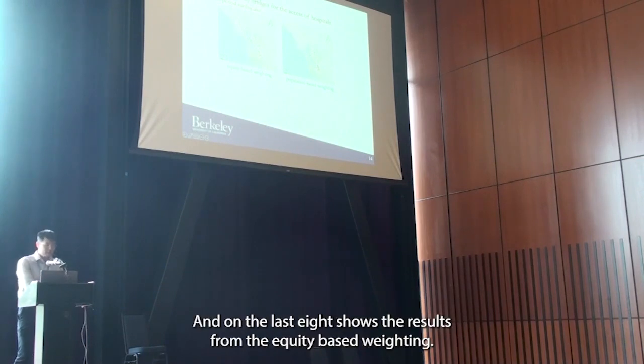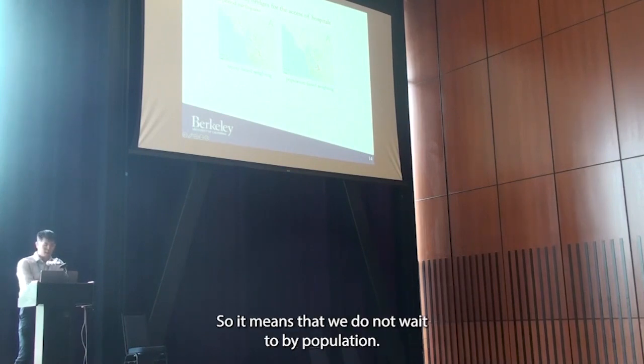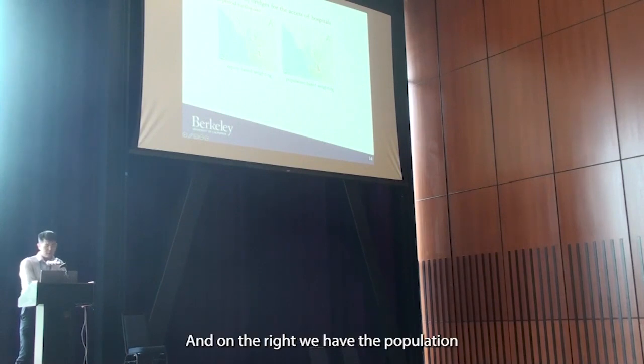On the left, it shows the results from the equity-based weighting, which means we do not weight by population. And on the right, we have the population-based weighting as a comparison.